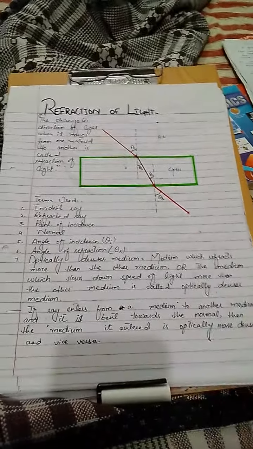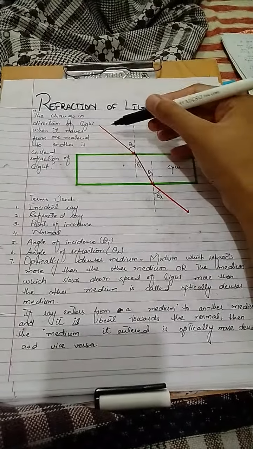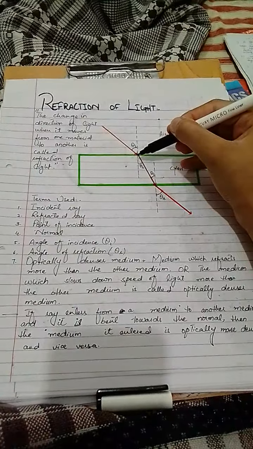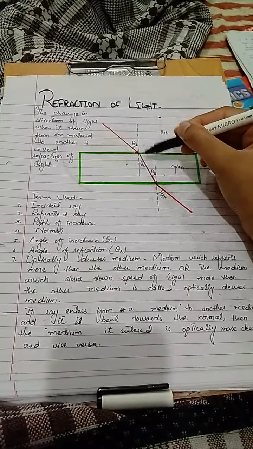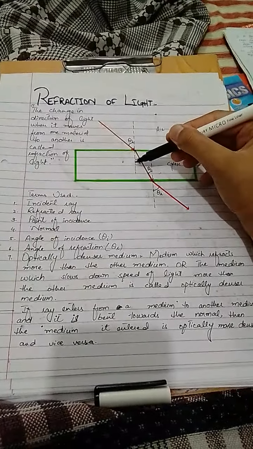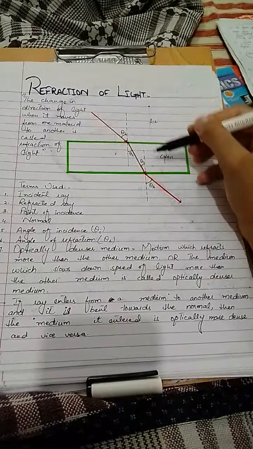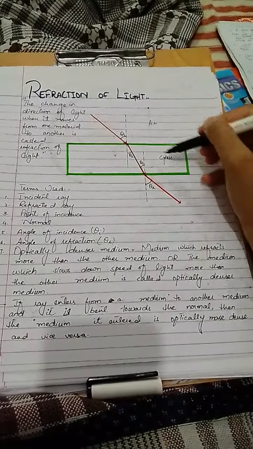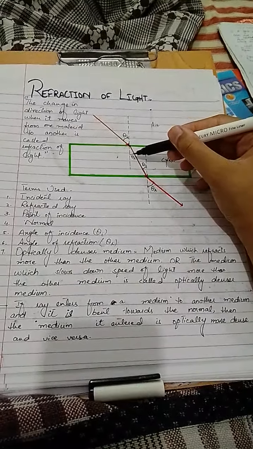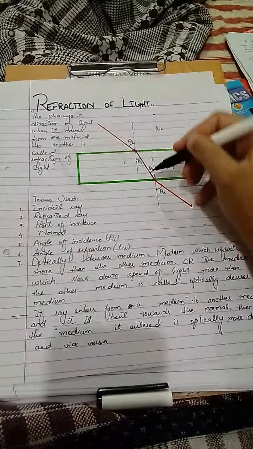What does it mean? It means that if the incoming light ray bends towards the normal, then this medium, which in this case is glass, is optically denser. Now take the reverse case.